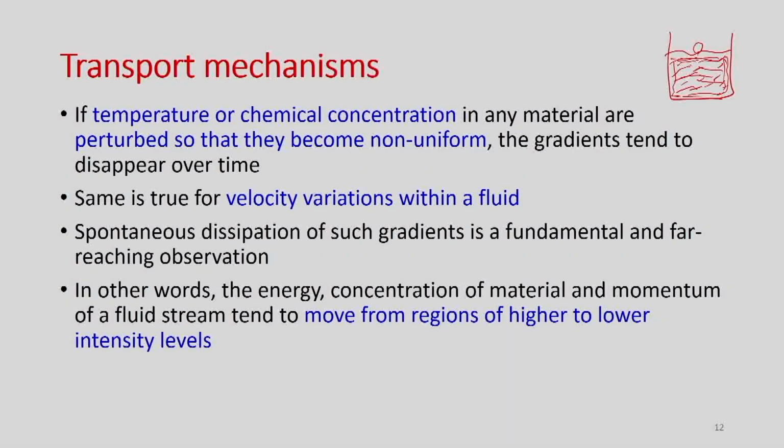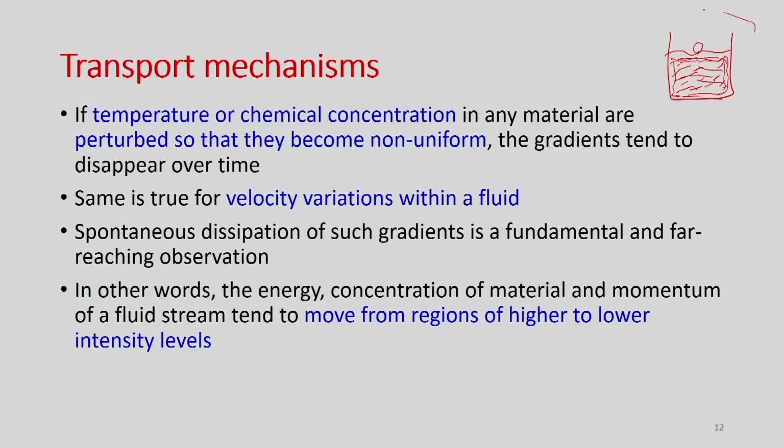So, if temperature or chemical concentration in any material are perturbed so that they become non-uniform, the gradients tend to disappear over time. The same is true for velocity variations within a fluid. The spontaneous dissipation of such gradients is in general a fundamental and far reaching observation. Over time they come to uniformity anyway.